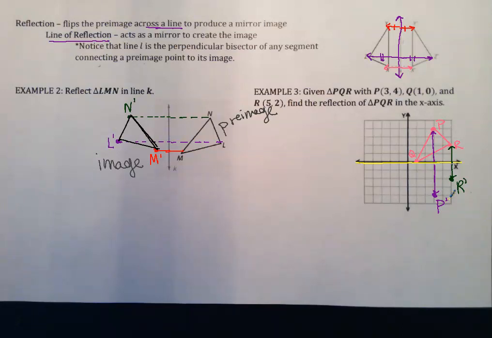Okay. How about Q? It's on it, so it just stays on it, right? We can't reflect it across. So we'll put a point there and label it Q prime. All right, and now you can connect those points to get your image.